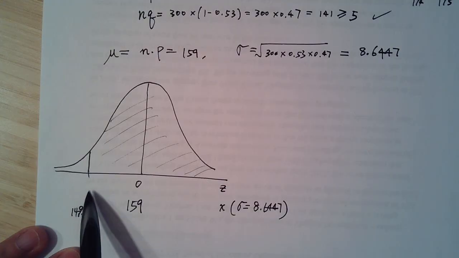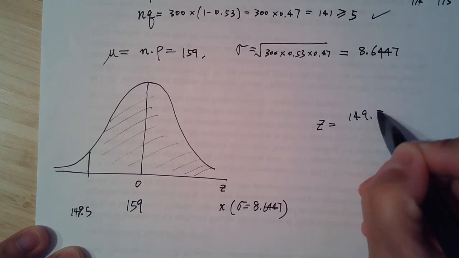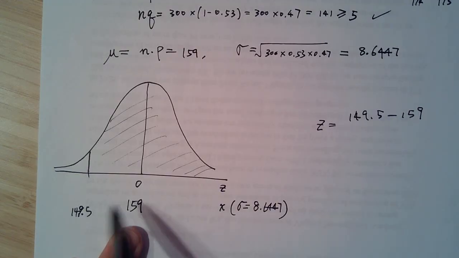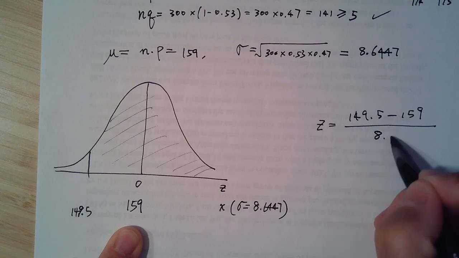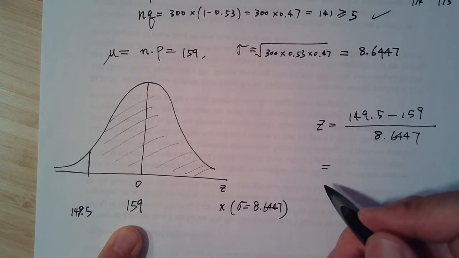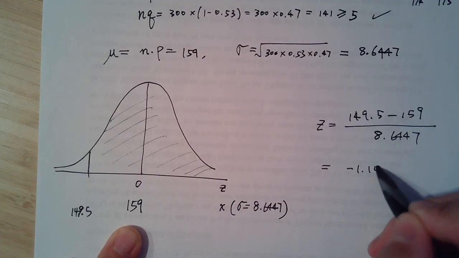We look for the z-score. So the z-score will be 149.5 minus the mean, because it's to the left of the mean, I know I'm going to get a negative z-score, divided by 8.6447. So my answer here is negative 1.10.